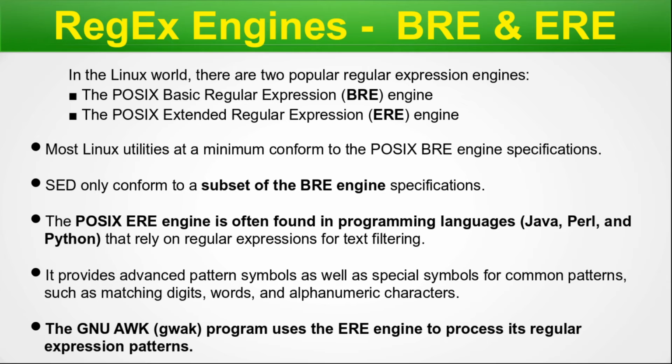Now let's see about them. So SED ERE. Here we are talking about SED and we are giving the description of ERE. Command line switches for ERE. As discussed in the previous slide, we have BRE by default, but in SED we also have ERE, and to access that ERE engine we must use a couple of things.